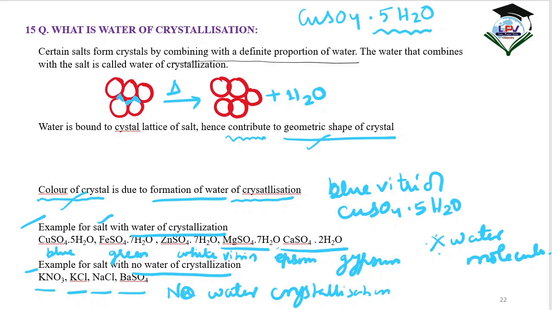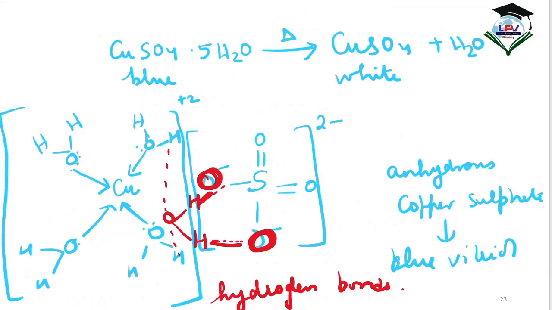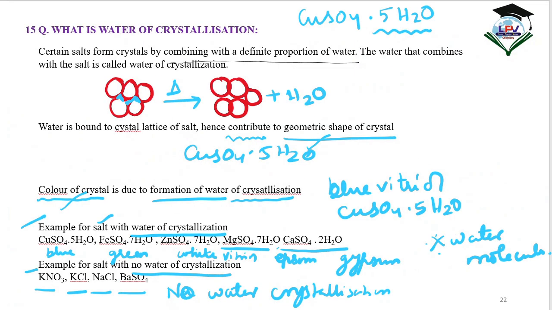So the geometry of copper sulfate 5H2O, you can see here, it is octahedral, with d2sp3 hybridization.